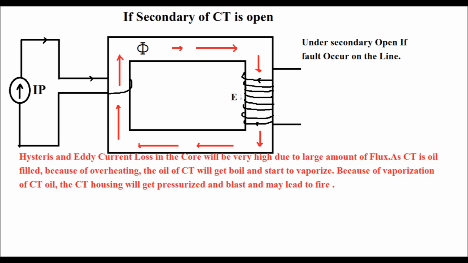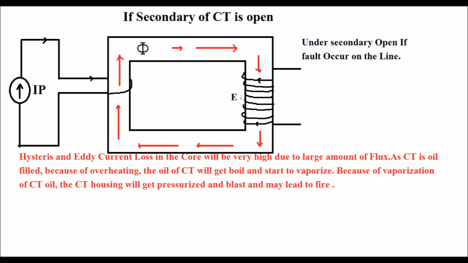and that will lead to saturation of the current transformer, and therefore the eddy current loss and hysteresis loss will be very high in the core. As the CT is oil filled, because of overheating the oil of the CT will boil and start to vaporize, and it will pressurize the upper tank of the current transformer.